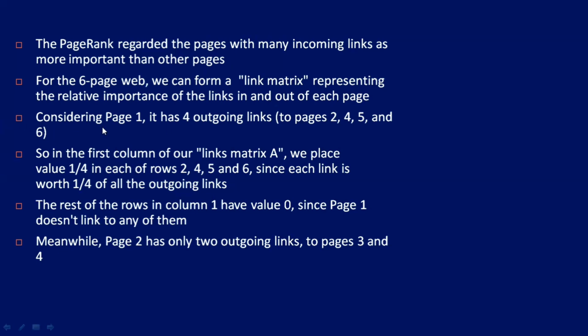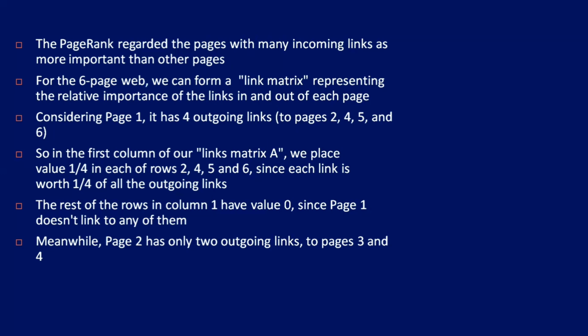For example, you see page 1 has 4 outgoing links, mapped to pages 2, 4, 5 and 6. So in the first column of our link matrix A, from this data, we have to write a matrix and name it the link matrix A. In this link matrix, we write all the outgoing links.